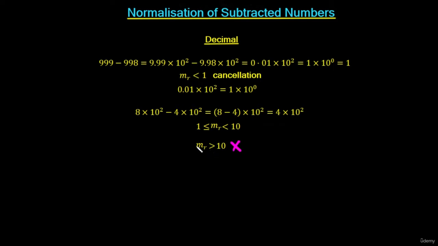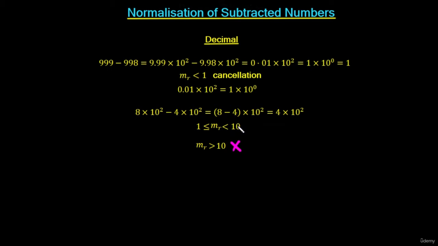Now what about the option where the result is greater than 10 whenever we do subtraction? Well, we can see that that is never going to happen. And it's never going to happen because the numbers which we receive into our floating point unit will already have been normalised. So they'll always be in the range of greater than or equal to 1 and less than 10.